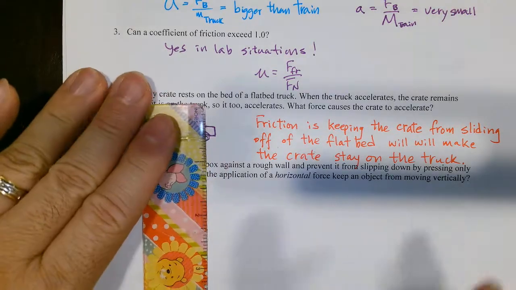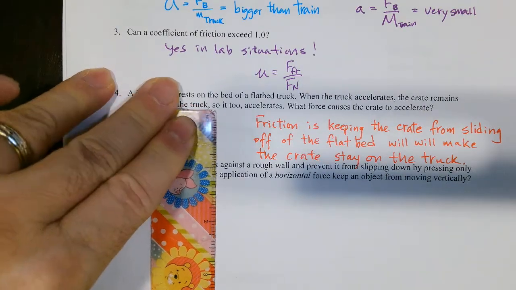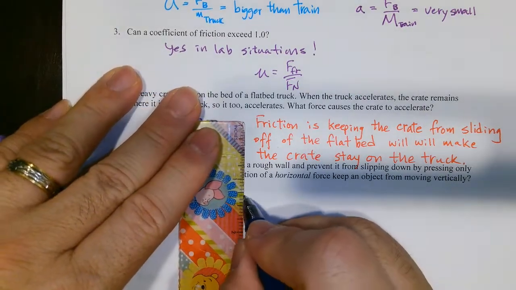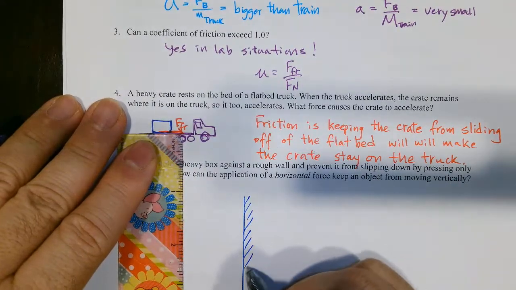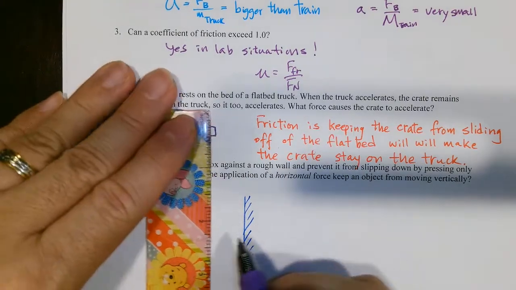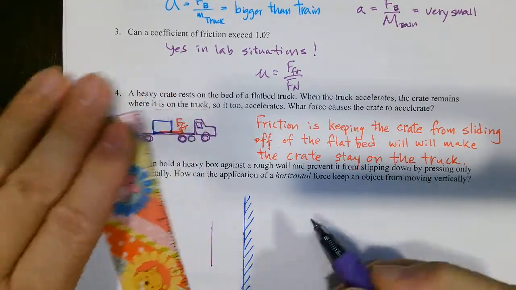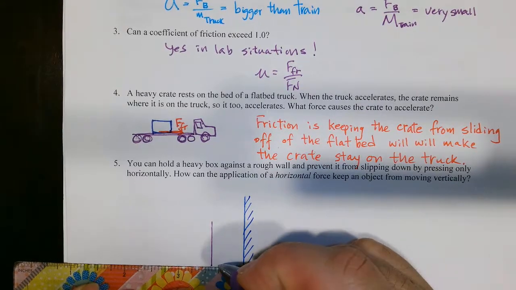So here's the wall. This is the wall. And we have a box. Okay. Heavy box.